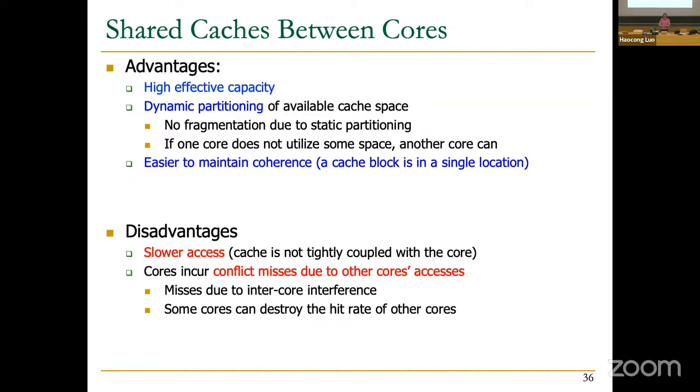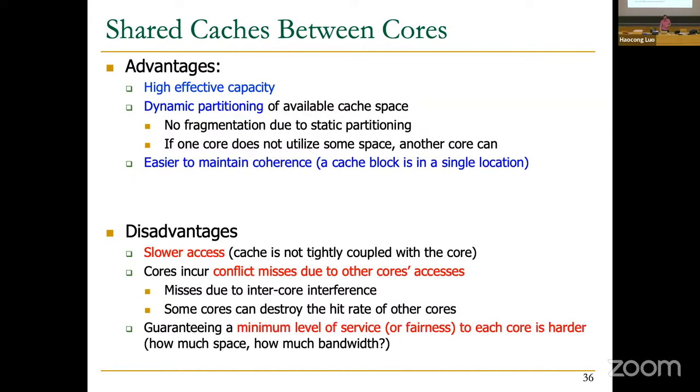It may need a very small amount of cache. The other core may be streaming through memory, and actually it needs 10 times the size of the cache. When they actually share the cache, the second core kicks out all of the blocks that the other core would otherwise have if it were running alone in the system. So basically, that's what happens. I'm going to demonstrate this pictorially as well.